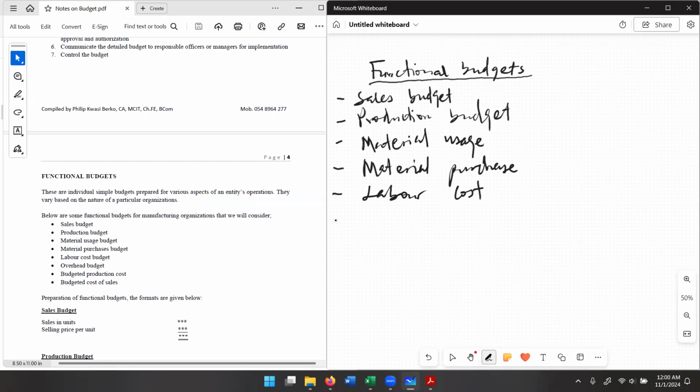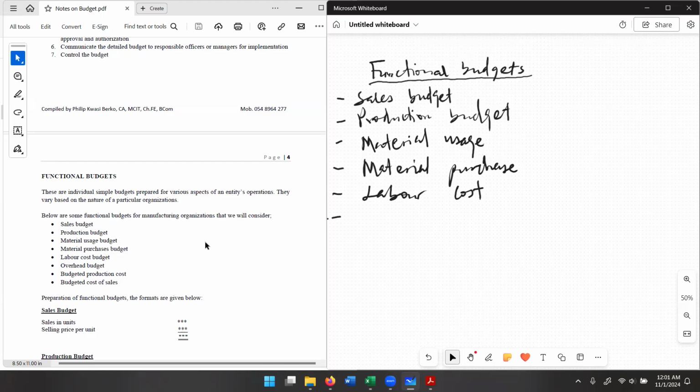Sometimes we can add a production cost budget or budgeted production cost, and then even add budgeted cost of sales. But of course, this is intro level 1. So let's concentrate on these: sales budget, production budget, material usage budget, material purchase budget, and labor budget. So in fact, they all come with formats.